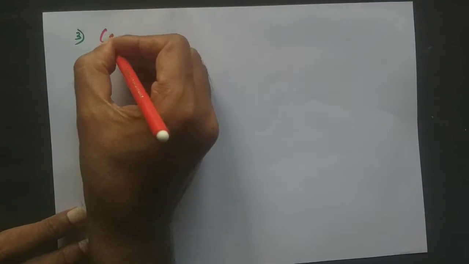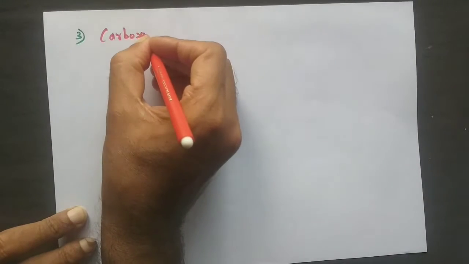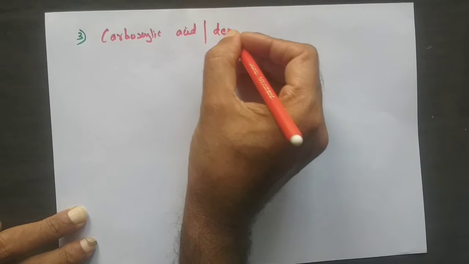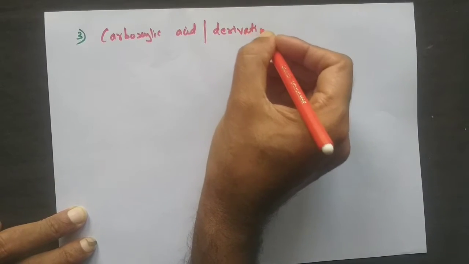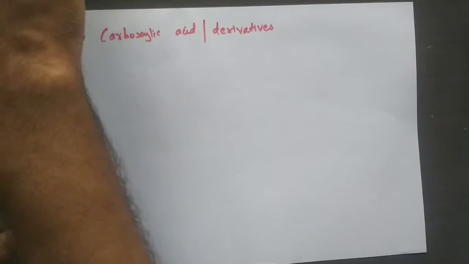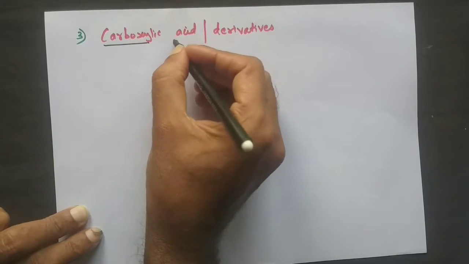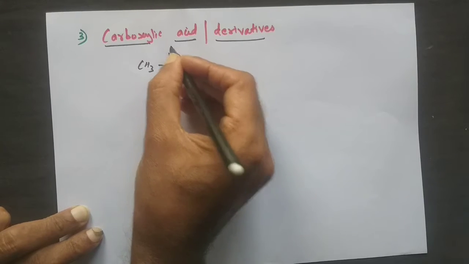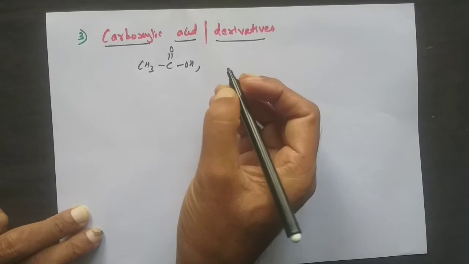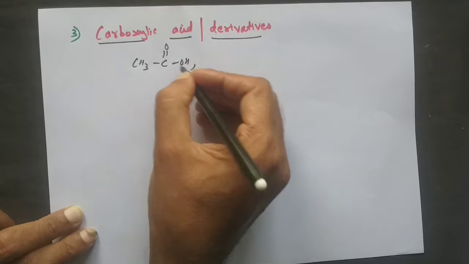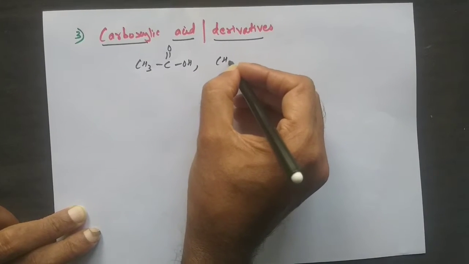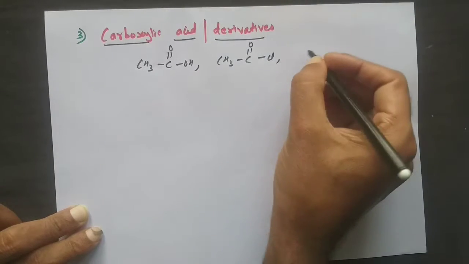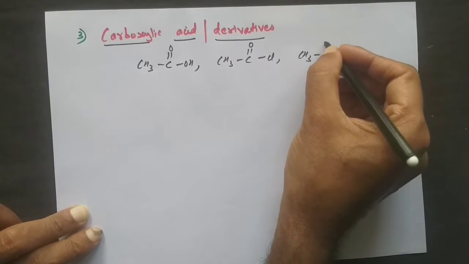Now let us check the carboxylic acid and its derivatives. In the case of carboxylic acids and derivatives like CH3, C double bond O, OH, this is a carboxylic acid. The derivatives are formed when I replace this OH by a Cl, or by NH2.